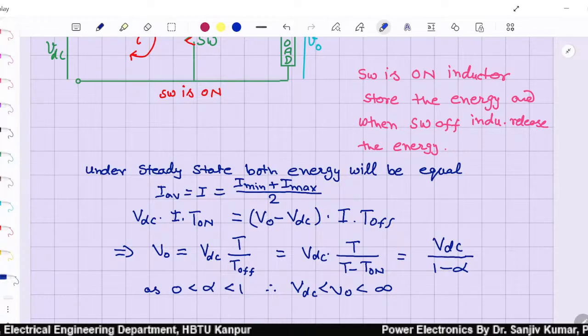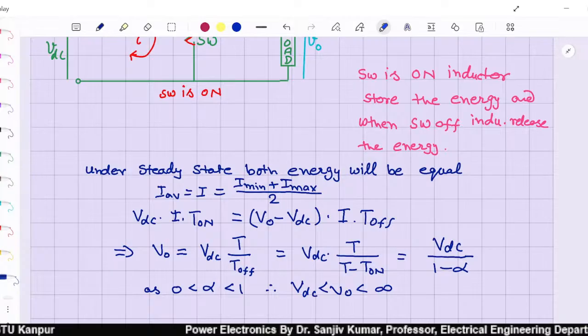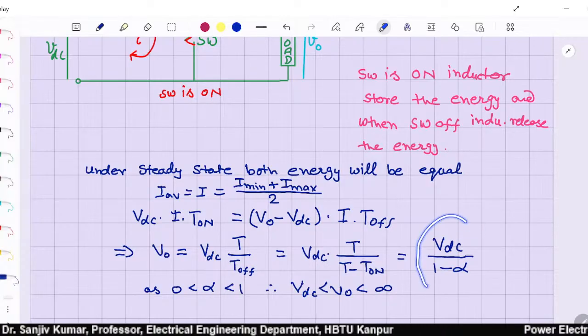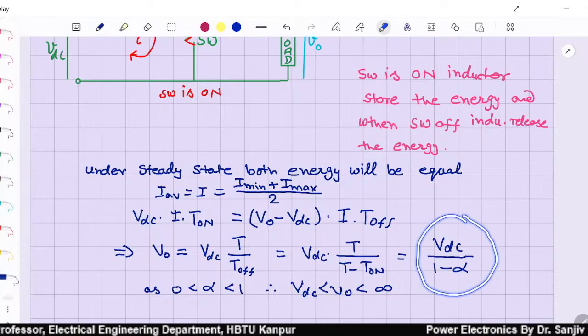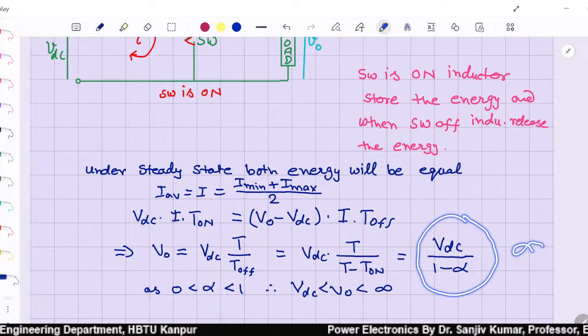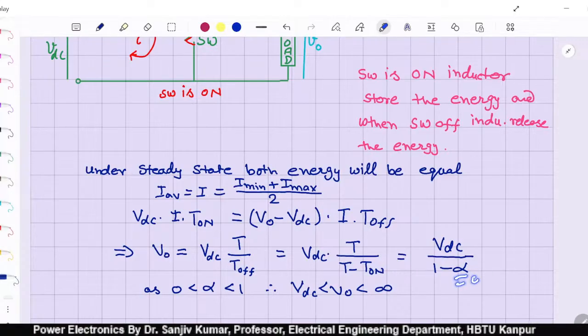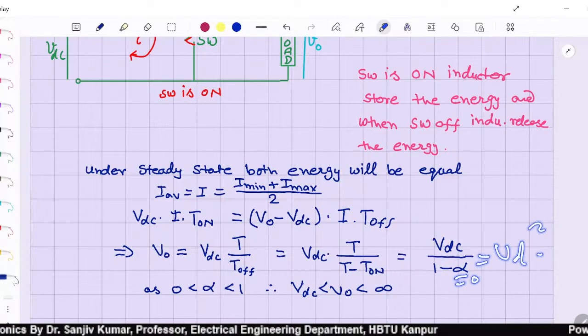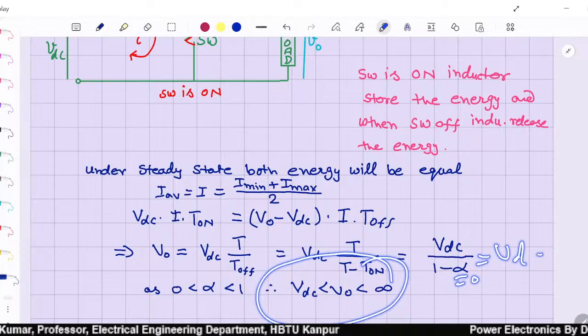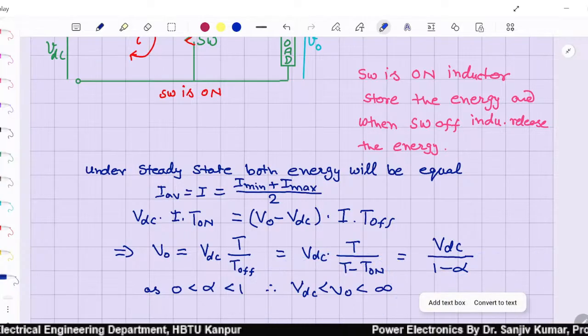And what is the value of alpha? Alpha can vary from 0 to 1. That means theoretically, this voltage could be infinite. When alpha is 1, VDC by 0 is infinite, and when alpha is 0, it is equal to VDC, meaning the range of output voltage is VDC to infinite.